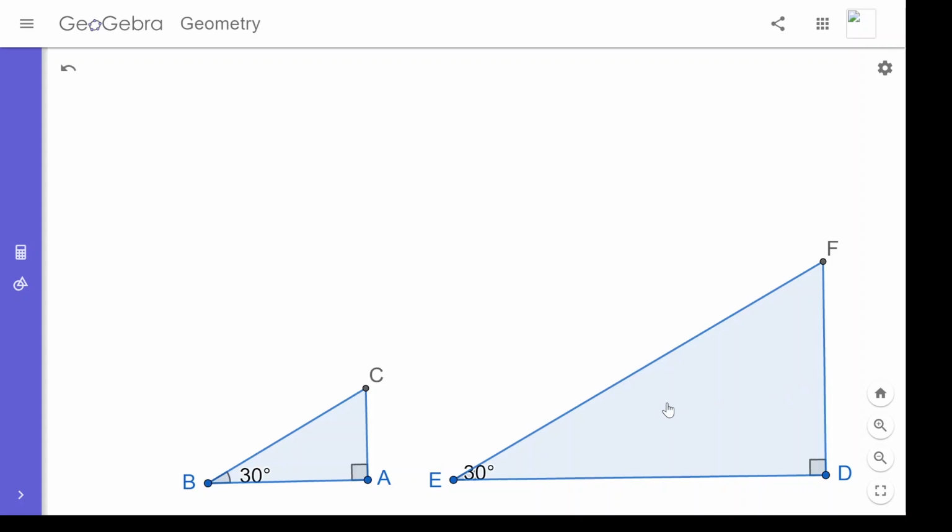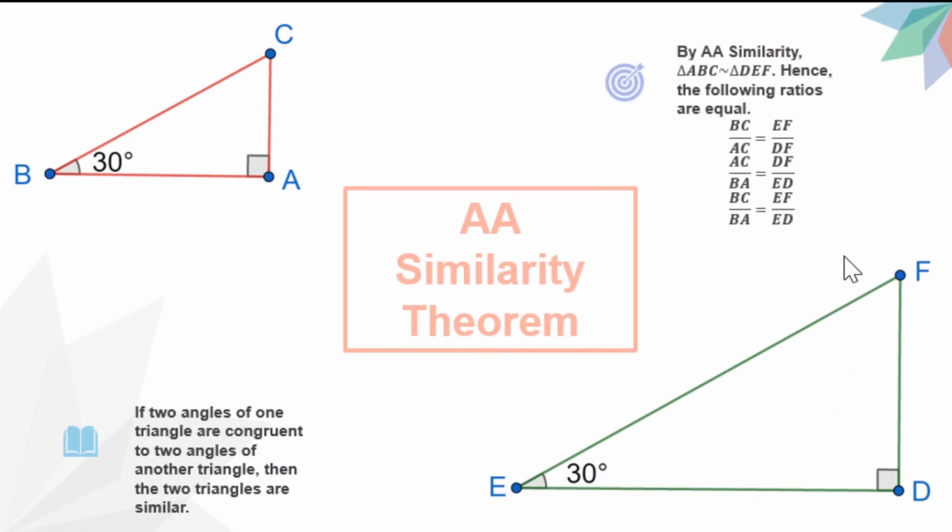So by the AA similarity theorem, we can say that these two triangles are similar because they have two congruent angles. The first one is the 90 degrees and the other one is the 30 degree acute angle. So by the theorem, triangle ABC is similar to triangle DEF.